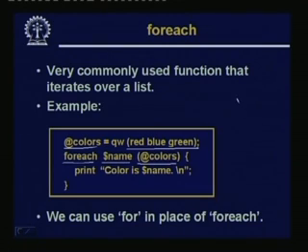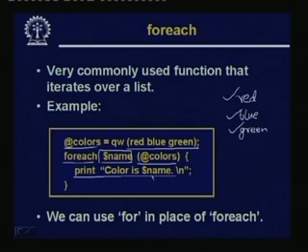Since there are 3 elements red, blue and green, so you will be looping 3 times, once for red, once for blue, once for green, and the current value that you are at, this particular variable will be getting that value. First this $name will get red, second time it will get blue, third time it will get green. So, within the loop you are printing color is $name, so the colors will get printed.